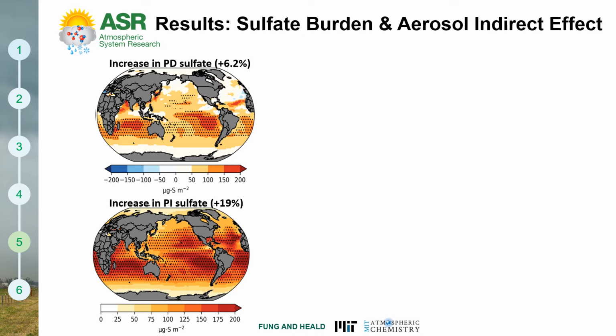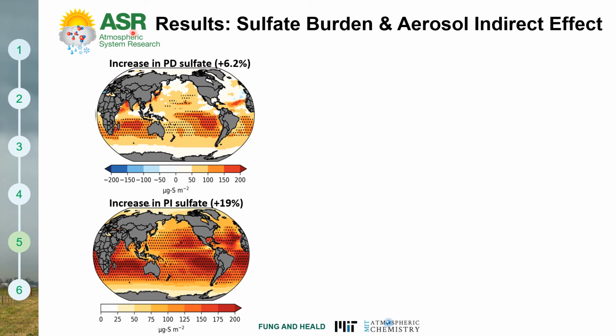We can then explore the effect of expanding this DMS chemistry on the sulfate that's formed. I'm showing you here the increase in sulfate in present day and in pre-industrial. This is a column sulfate amount.